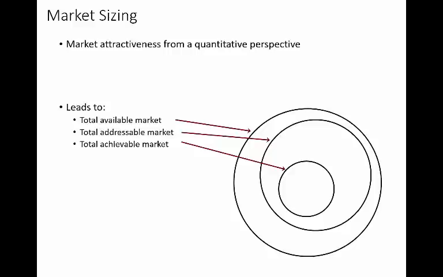For instance, let's say that we're thinking about offering a smartphone app, and maybe the total available market would be potentially every human being on Earth. Okay, is that really the number we should go with? No, we need to narrow it.